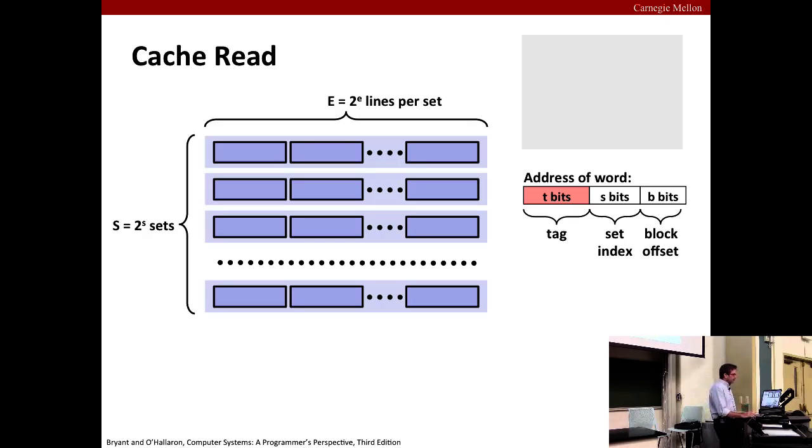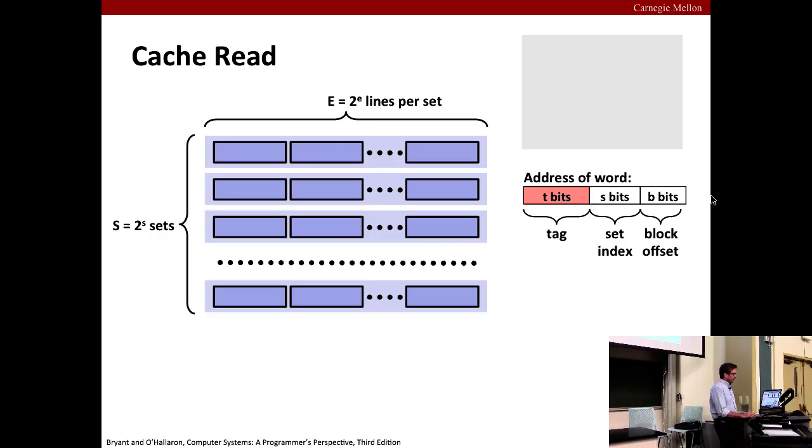And so the cache takes that address, which would be a 64-bit address in the case of x86-64, and it divides the address into a number of regions which are determined by the organization of the cache. Okay, they're determined by those parameters: S, the number of sets, E, the number of lines per set, and B, the size of each data block.